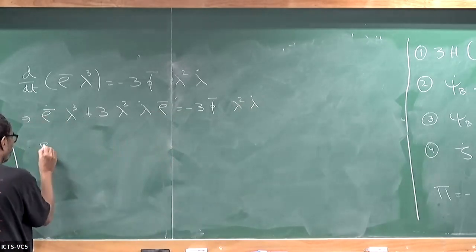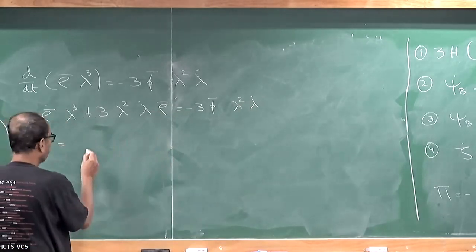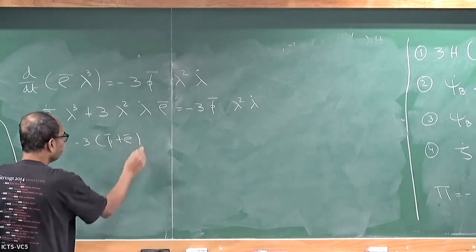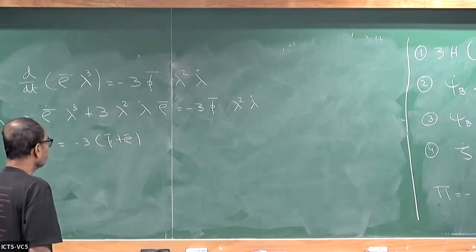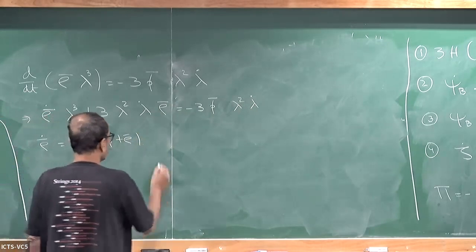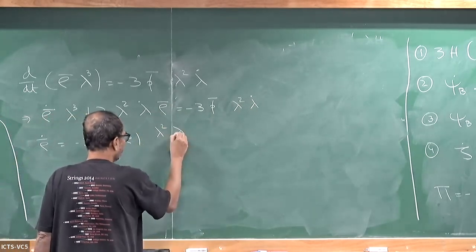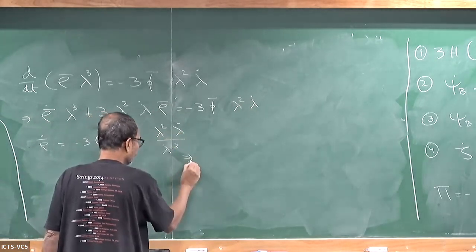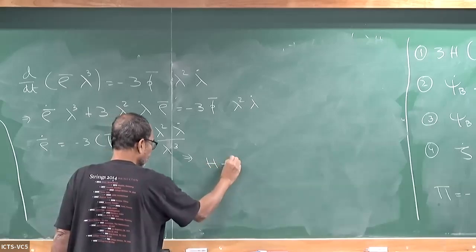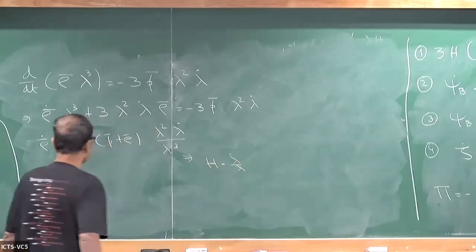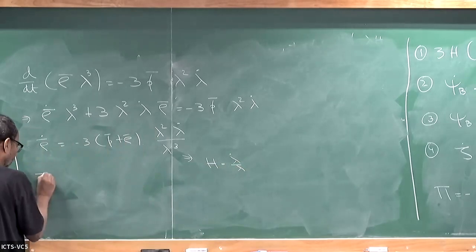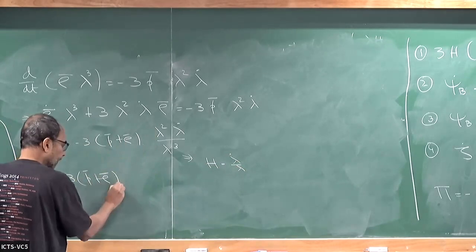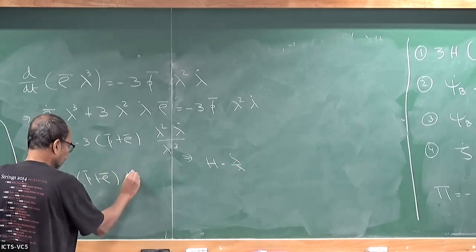So rho bar dot is minus 3 p bar plus rho bar, lambda square lambda dot over lambda cube. But this quantity is basically h, which is lambda dot over lambda. So we learned that rho bar dot is minus 3 p bar plus rho bar times h.